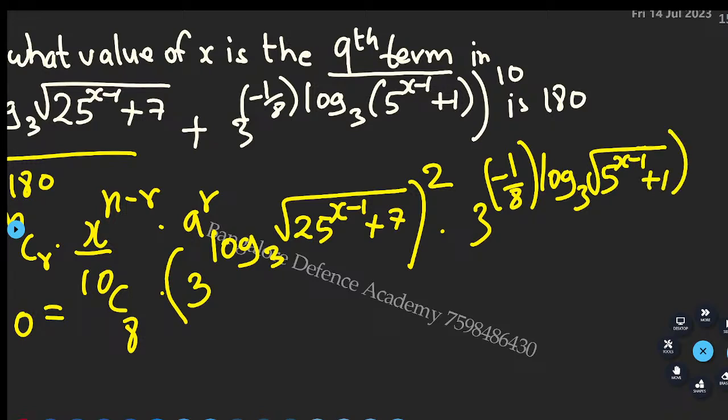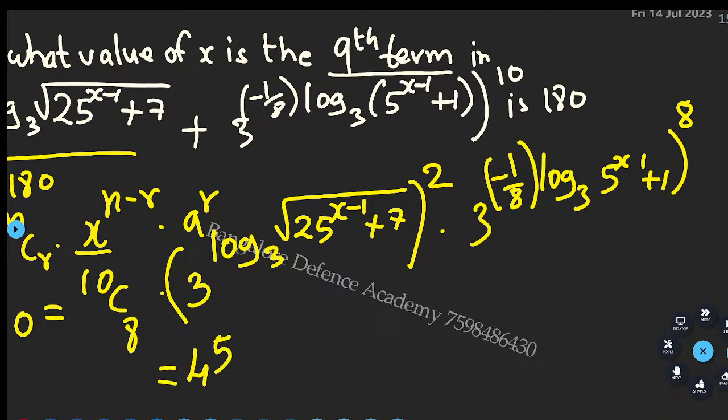No need for that, okay. Here r will come, r means 8, understood? 10c8, can you solve? That's the reason I gave you a lot of practice of these things yesterday.